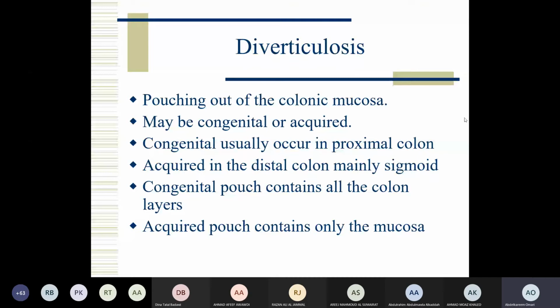But in the colon, the longitudinal muscles, which is the outer layer of the intestinal muscles, قلنا من جوا لبرا, diverticulum is the longitudinal muscle.